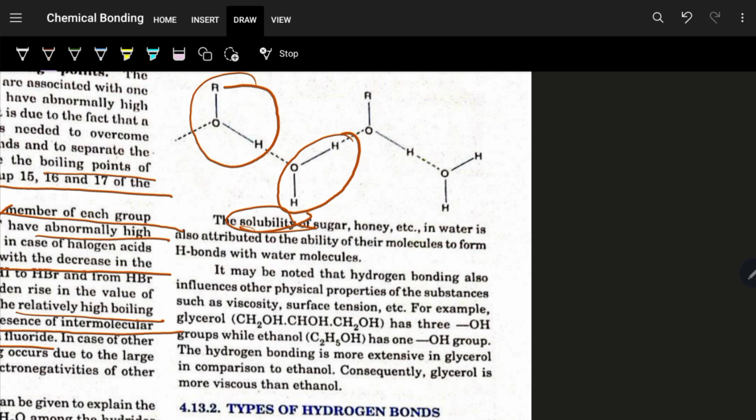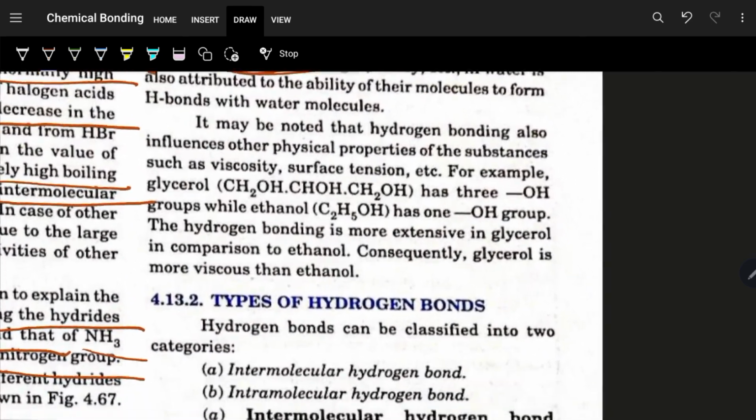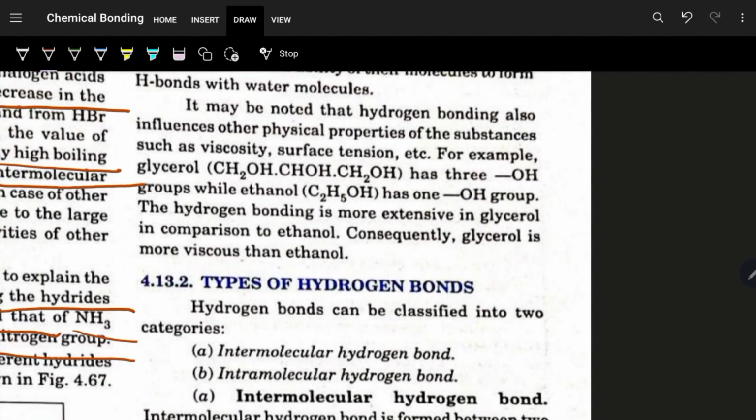So if the solvent is capable of forming intermolecular H bonding with the solute particles, then the solubility in that particular solvent will increase because of the ability of forming intermolecular hydrogen bonding. Now, it may be noted that hydrogen bonding also influences other physical properties, like viscosity and surface tension.